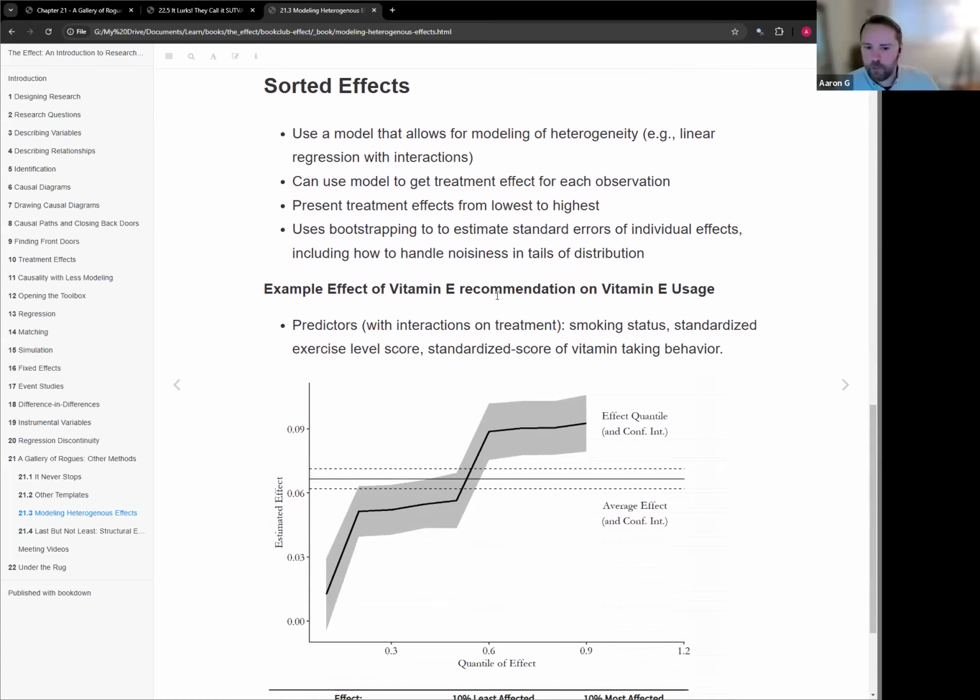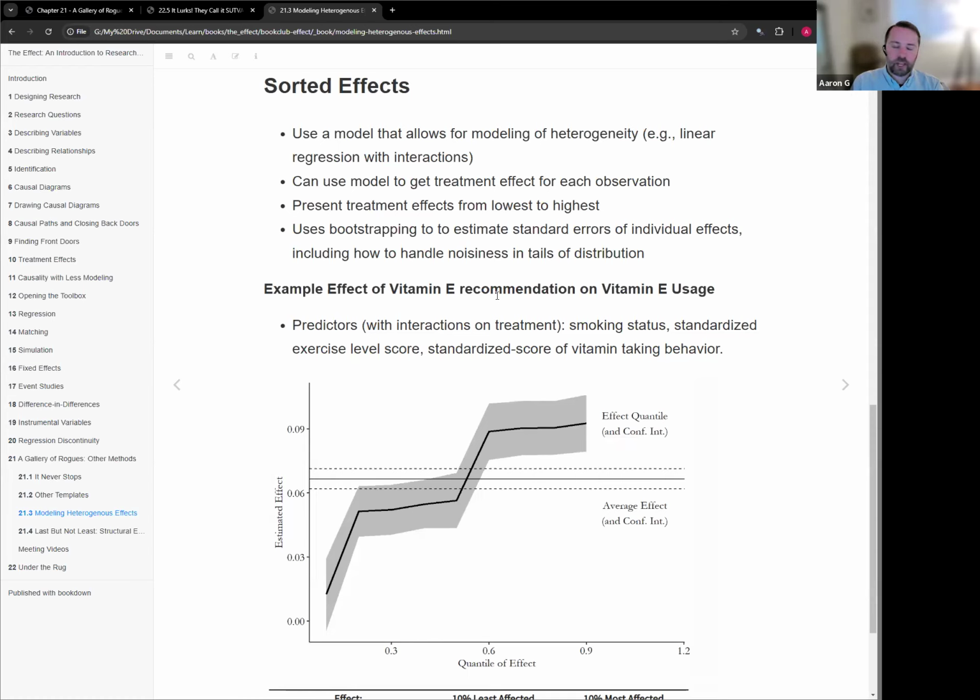All right, moving on, sorted effects. This one I had to read through a couple times. The author talks about the initial structure as kind of obvious. You could think of a basic linear regression where we model the heterogeneity through a bunch of interactions, the interaction of your treatment variable with a handful of other variables you're interested in. Then you can get a treatment effect for every observation.